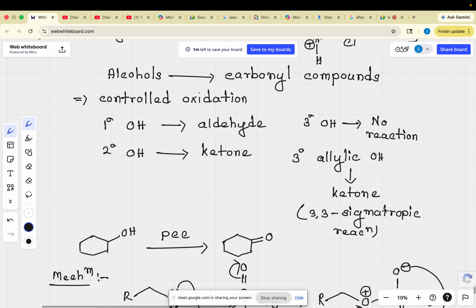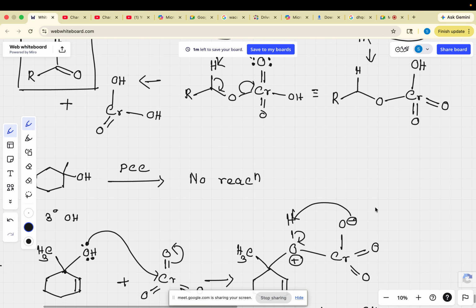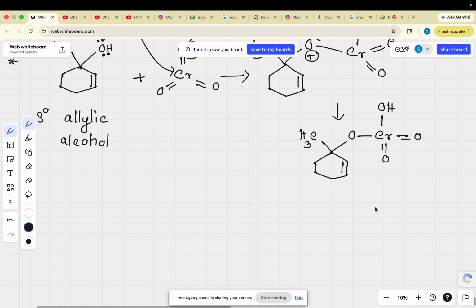Now I already mentioned that if you have a 3-degree allylic alcohol, you will get a ketone by a 3,3 sigmatropic reaction. Now see how to do this 3,3 sigmatropic reaction.